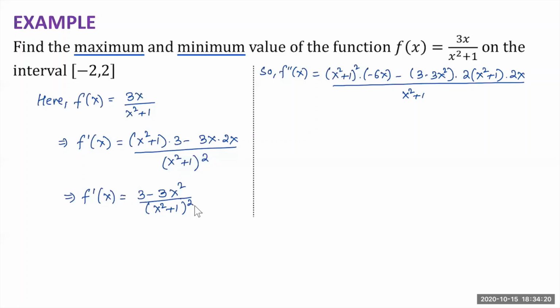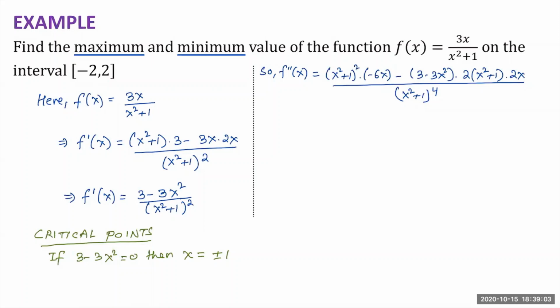When we square this, it will be raised to power 4. Okay, after simplifying this, the second derivative will be 6x cubed minus 18x over x squared plus 1 raised to 3. Make sure you simplify this and verify the second derivative is this one.